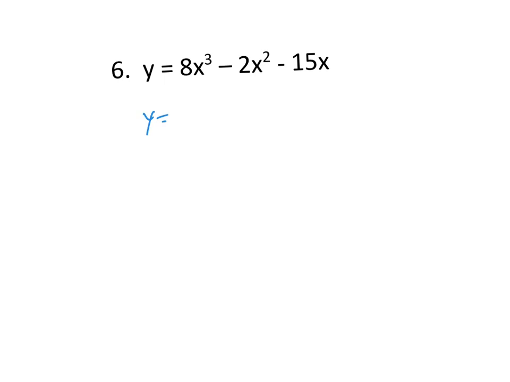So on this one, I can pull out an x. We're left with 8x squared minus 2x minus 15. This one's going to be a little bit tougher to factor. So 8x squared could come from 8x and 1x, or it could come from 4x and 2x.